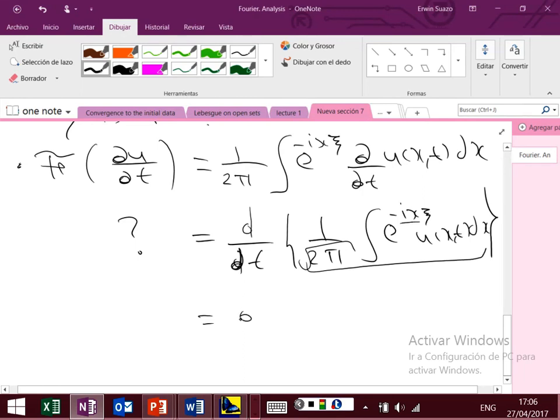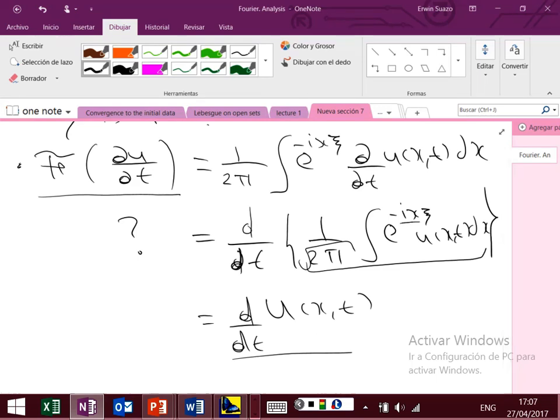So this is going to be the derivative with respect to time of u-hat(xi,t). So this is great. The Fourier transform of this guy is just this guy. Okay. Sorry, so no x. Instead of x, what should I write?